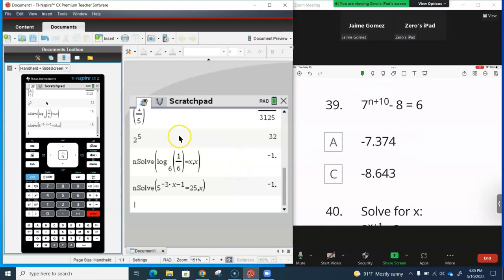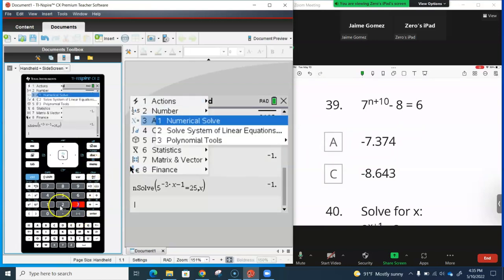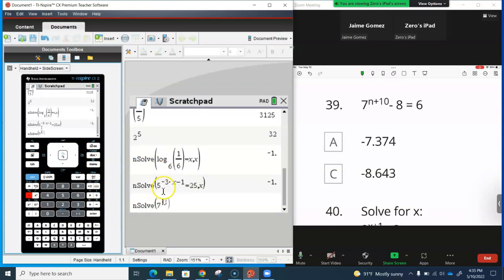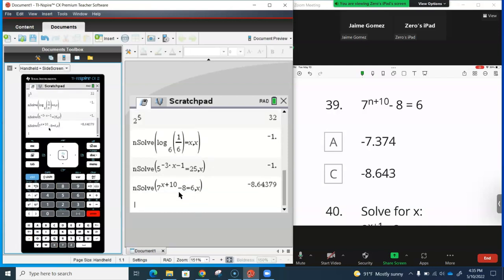39. Menu 3, 1. 7 raised to the, remember, I'm not going to put n, I'm going to put x, so the calculator can understand what I'm doing. Get down, do -8 is equal to 6, comma x. -8.6.